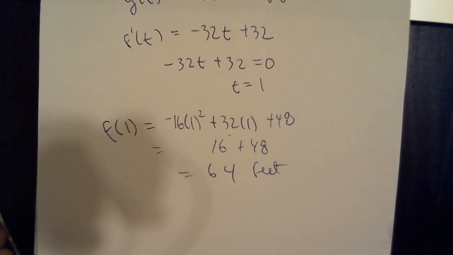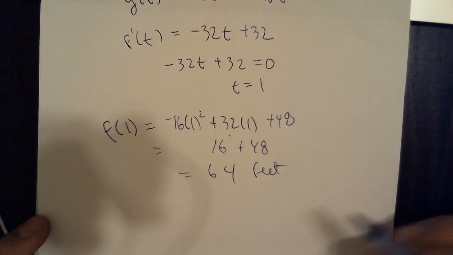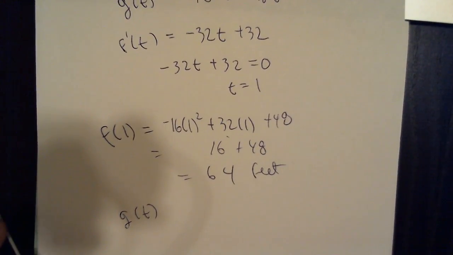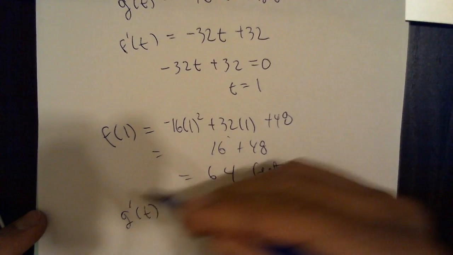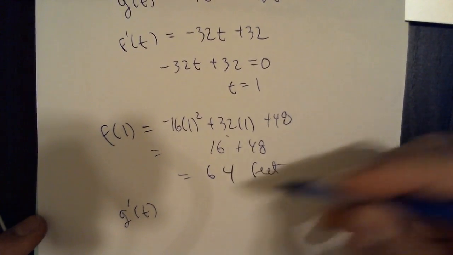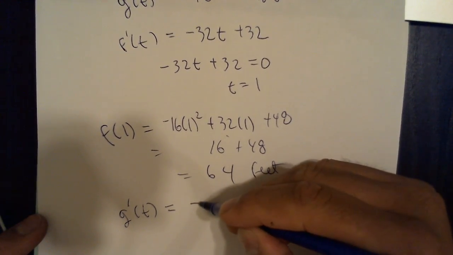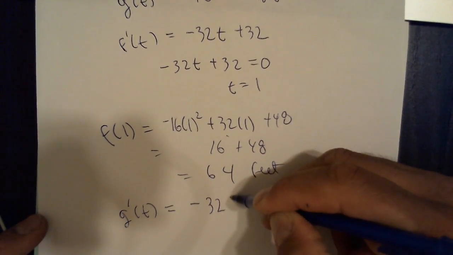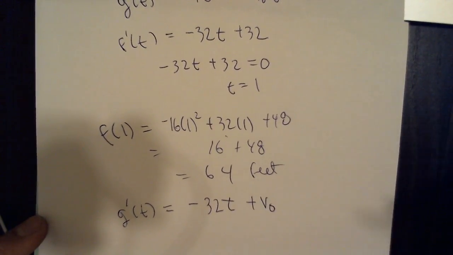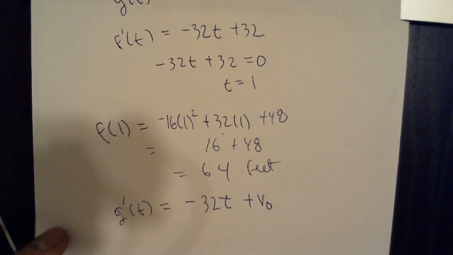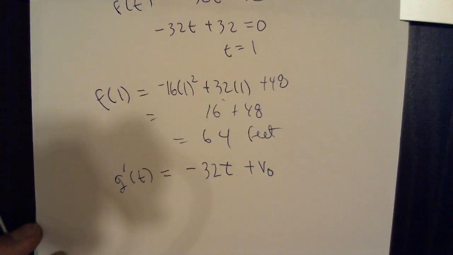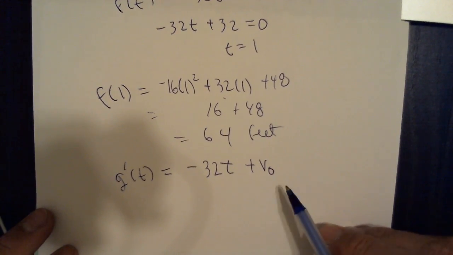Given this, I'll look at g of t and find its derivative. Keep in mind v0 is fixed, so I can treat it as a constant. I'll get negative 32t plus v0.